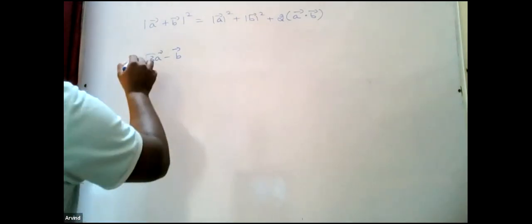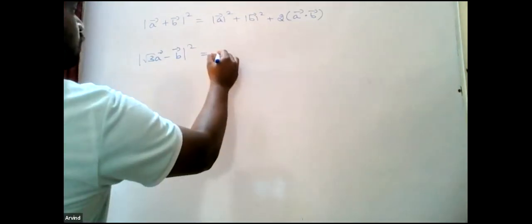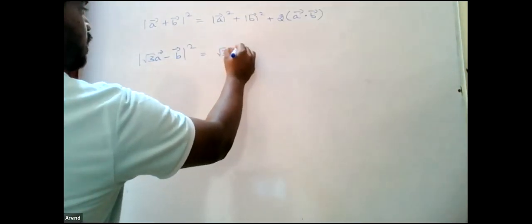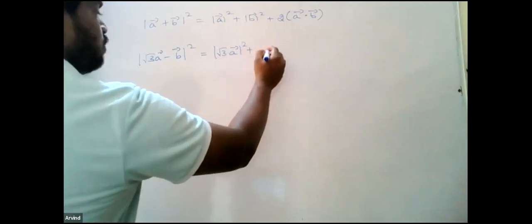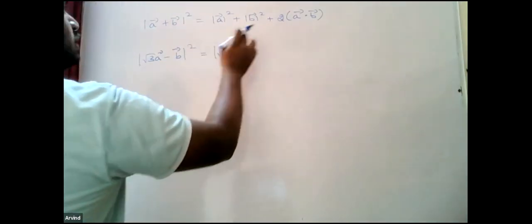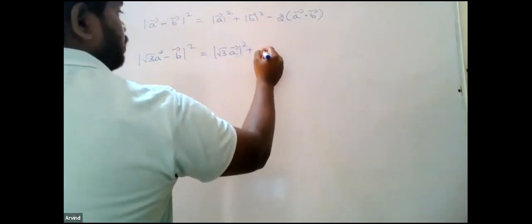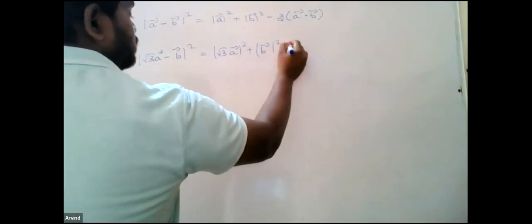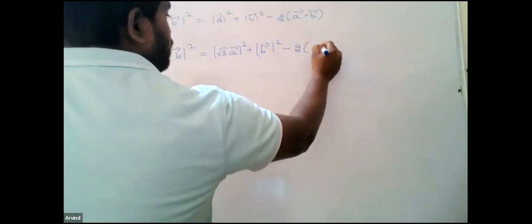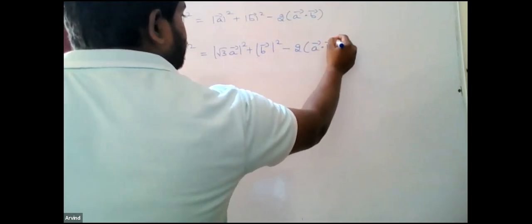They have said this should be a unit vector, right? So I just take mod of this whole square, which is equal to root 3a the whole square plus, with the minus, b square minus 2 times a dot b.